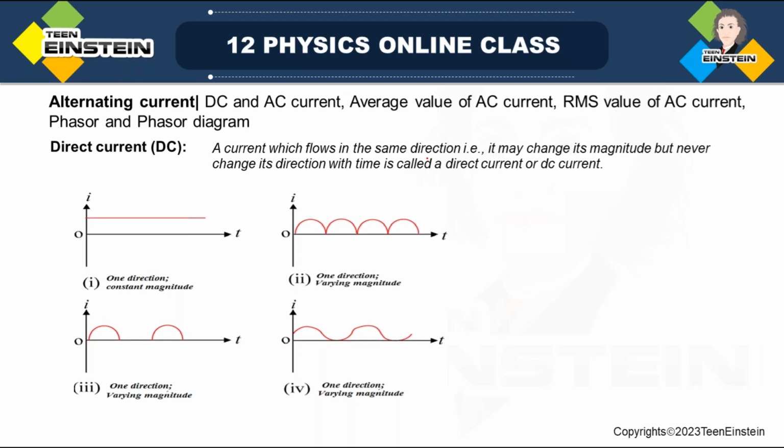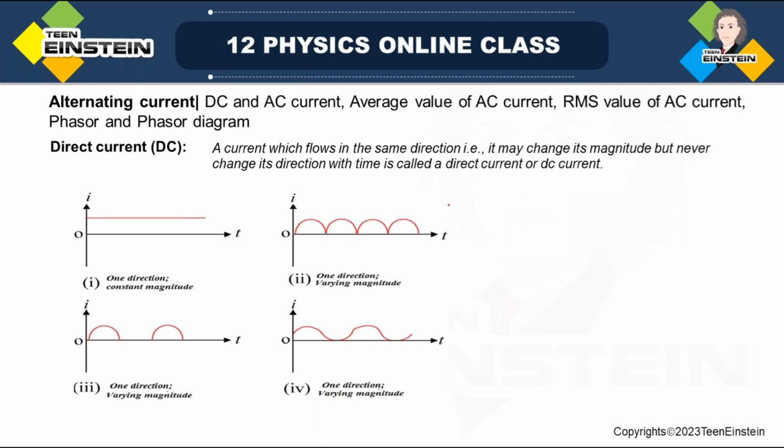So a current which flows in the same direction. Sometimes we may say direct current is one whose magnitude does not change, or direct voltage is one whose magnitude doesn't change.